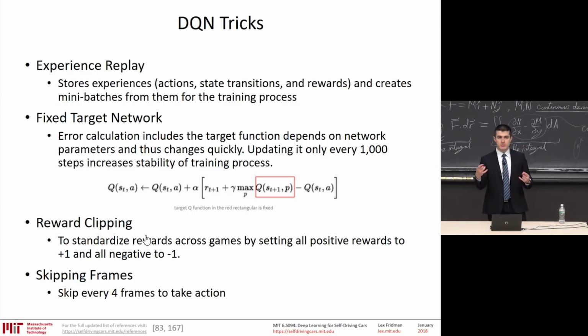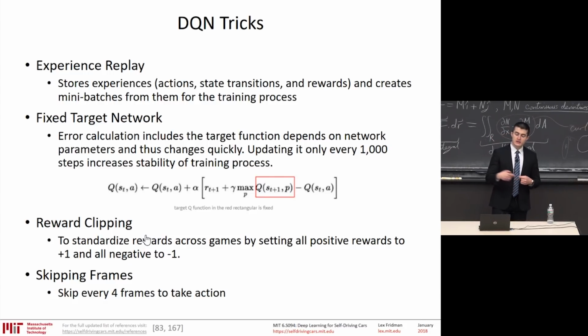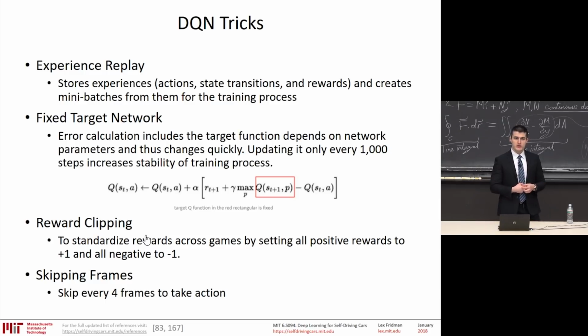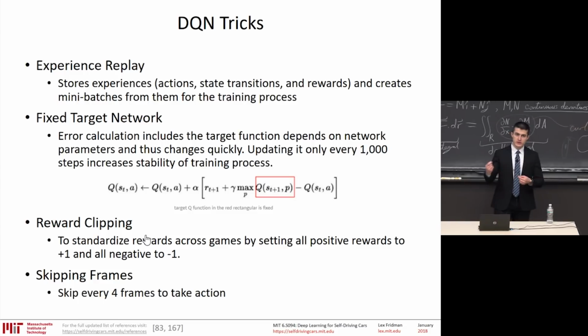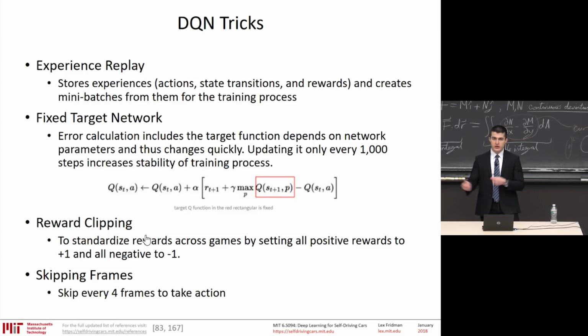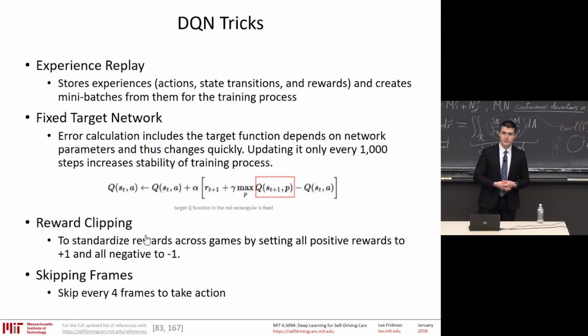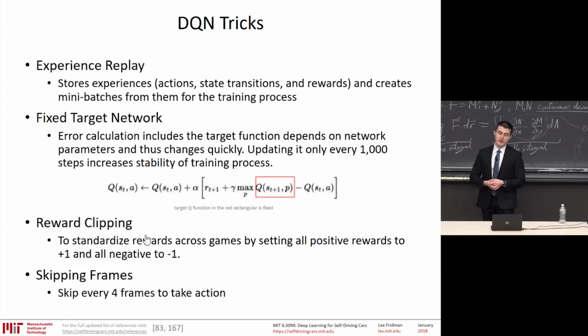So you're using it multiple times. And as you perform that operation, you're updating the network, which means the target function inside that loss function is always changing. So the very nature of your loss function is changing all the time as you're learning. And that's a big problem for stability. That can create big problems for the learning process.